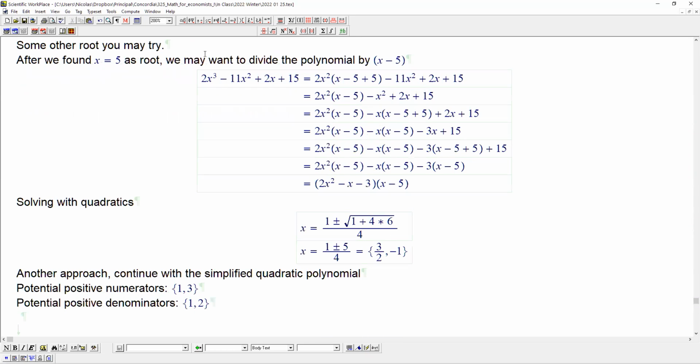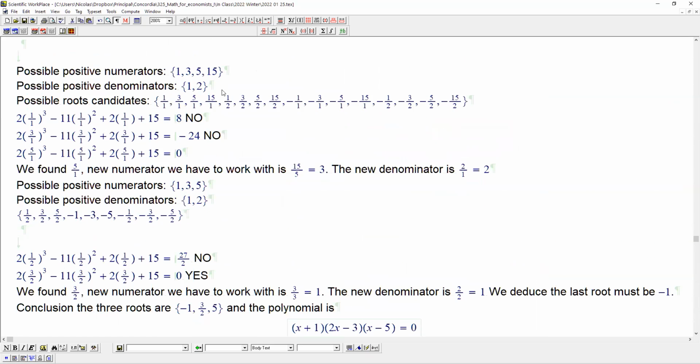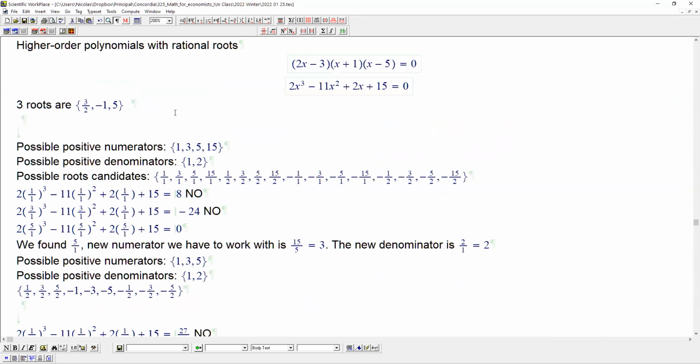For the second method, anyways, I realized that this method is not something that allows you to avoid the first method, because how did I find 5? I went over all these candidates. This is still valid. The second method starts when I find the 5 here.